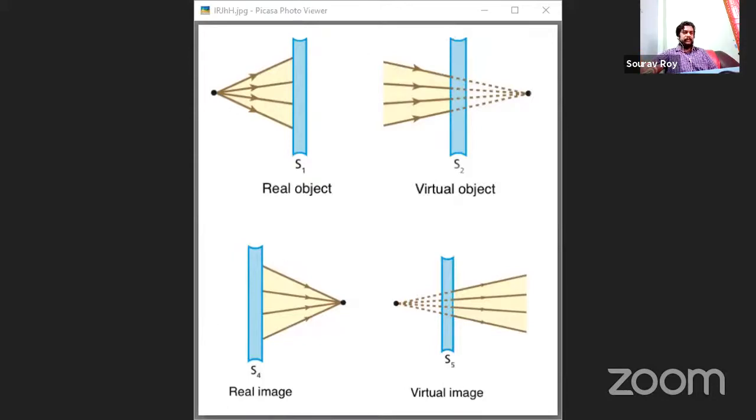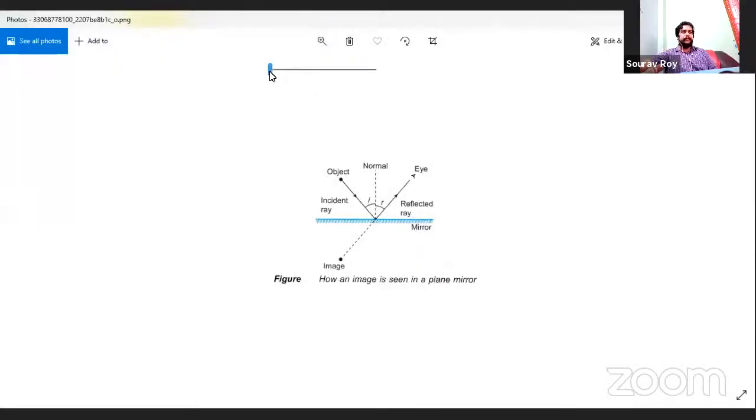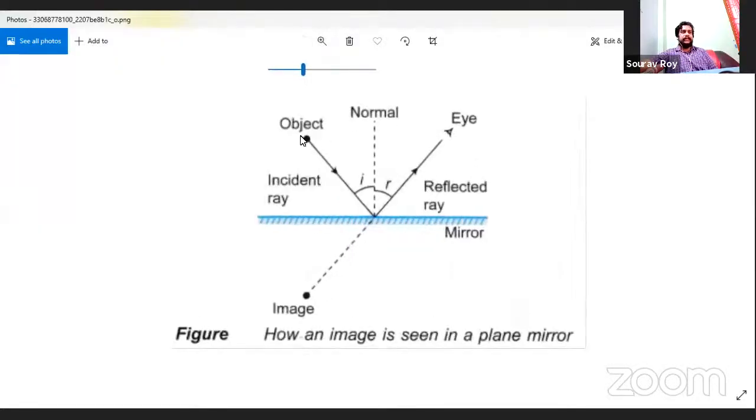Now, why is it so? Why can't the incident ray talk about the image? The best example to understand this is this diagram. Here, this is my incident ray.